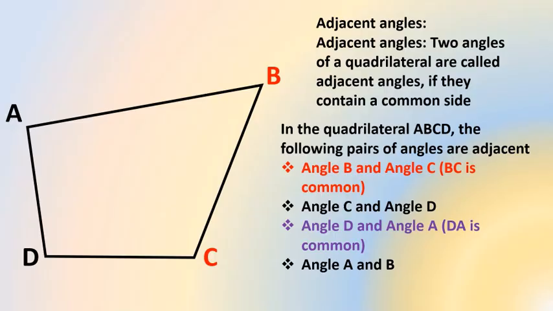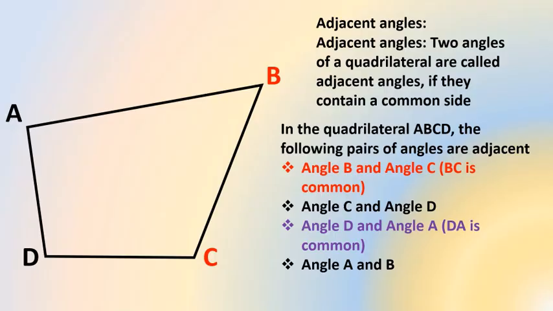Adjacent vertices, vertex B and vertex C, the angles formed at those 2 vertices become the adjacent angles. So vertex B and vertex C are adjacent. Vertex C and vertex D are adjacent. Vertex A and vertex D are adjacent. So again there are 4 pairs of vertices which are adjacent.